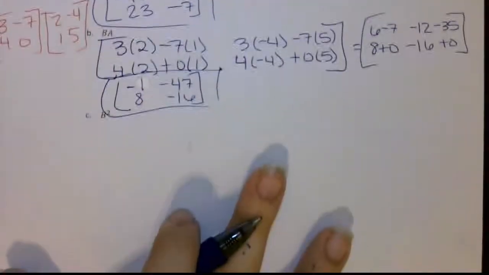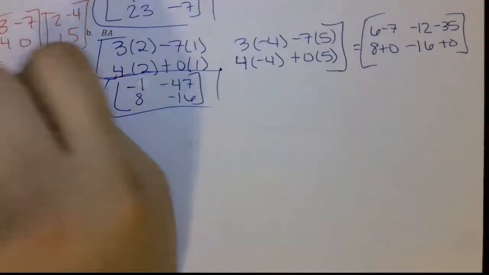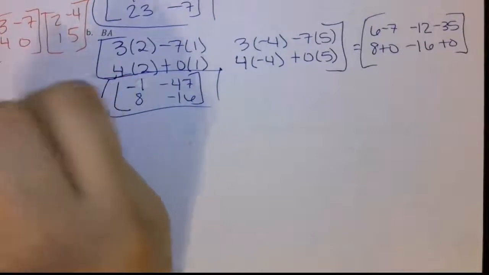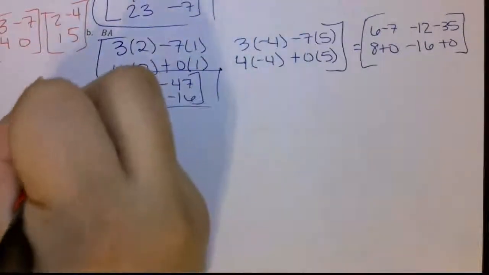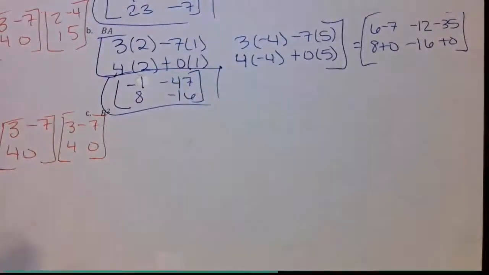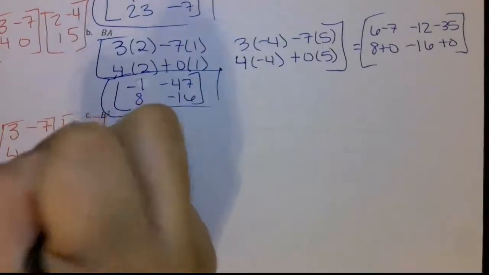Then for C, it wants me to find B squared. So what I'm going to do is write out B twice so I can keep track of what I'm doing. I have 3, -7, 4, 0. And then I have 3, negative 7, 4, 0. So I'm going to multiply this row with this column.